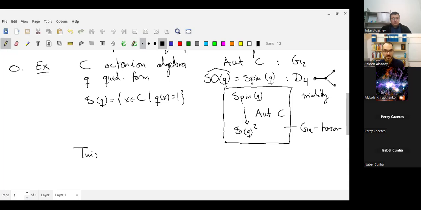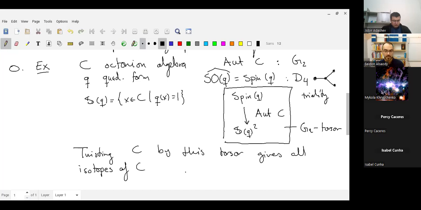So twisting C by this torsor gives all isotopes of C. This was a result, joint work with Philippe Gille in 2019.